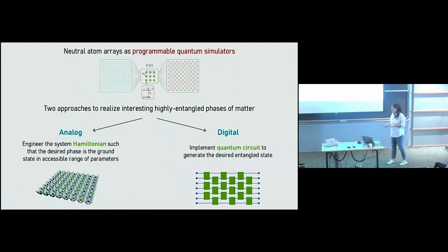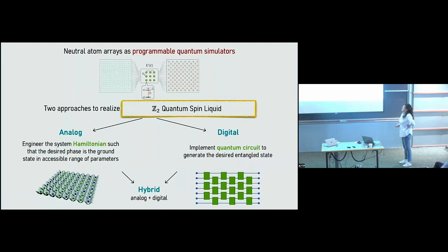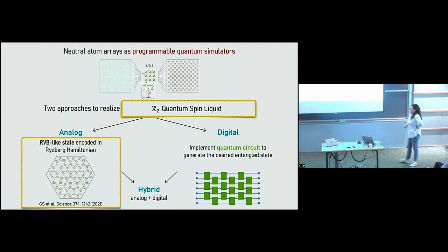And I think one interesting example in this sense is related to 2 experiments that we performed over the past year and a half. And then there is a hybrid approach that Misha also mentioned a little bit at the end of his talk, and that I will also comment on towards the end. In these 2 experiments we studied Z2 quantum spin liquids, and in one case we used the Rydberg Hamiltonian to encode an RVB-like state, and this is what I'm going to talk about today.